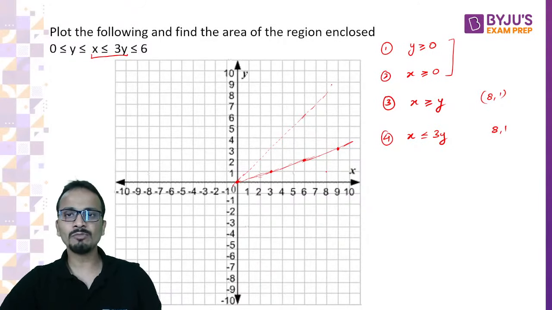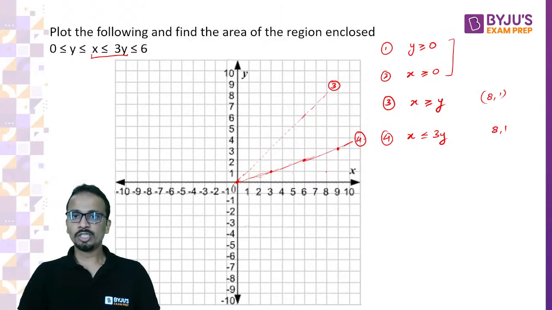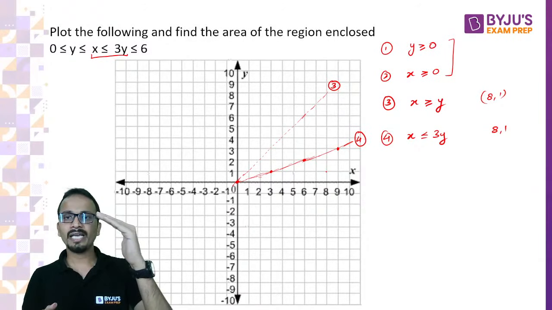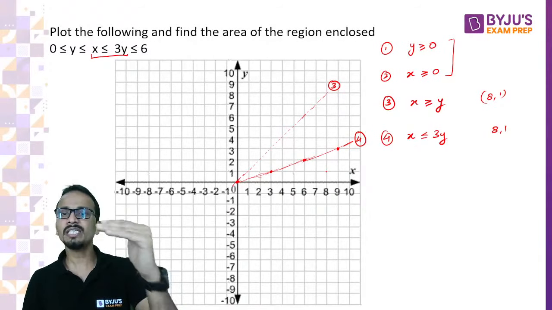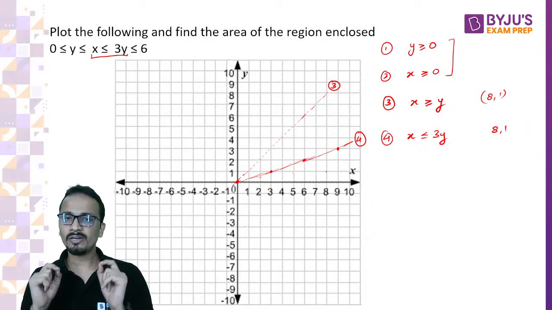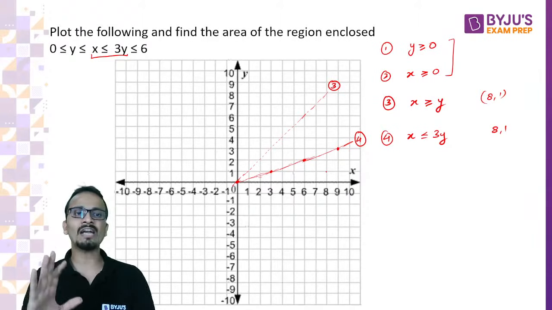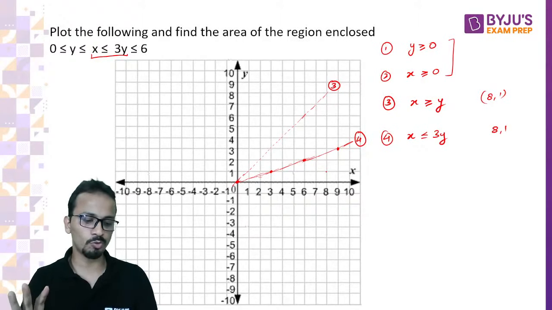Okay, now I'm just numbering the lines. So this is, let's say, line number 3, and this is for region number 4, line number 4. So combining inequality number 3 and 4, I can say that the region which is lying between line number 3 and line number 4 will be the region that will be considered up till this point.